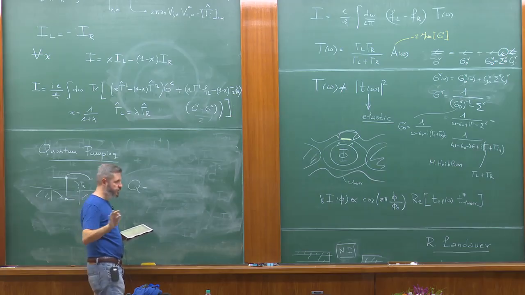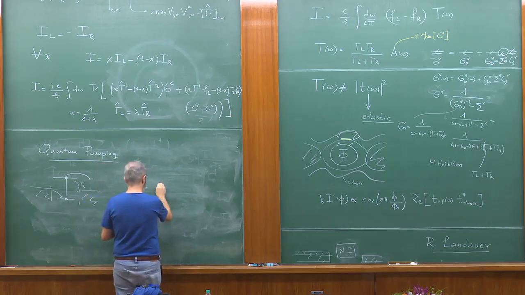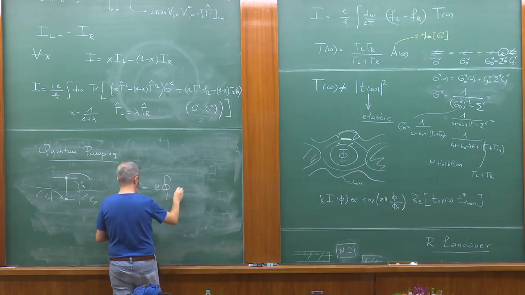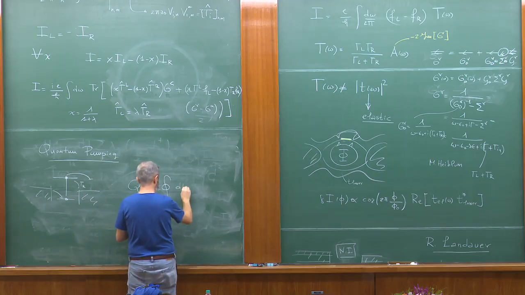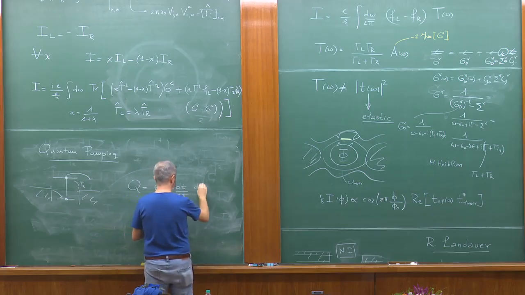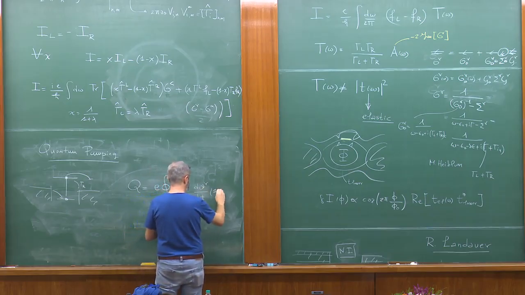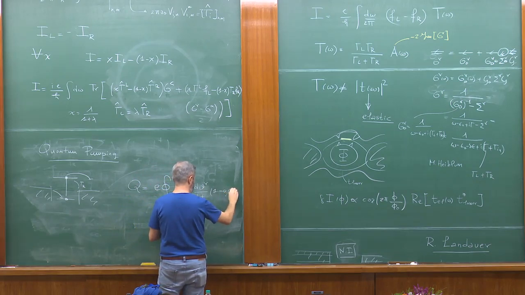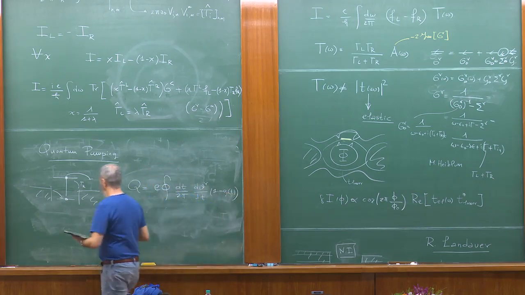I don't want to do it today. But he wrote it in this way. One way to write it is this way: d theta_r/dt (1 - g(t)). So what is this?